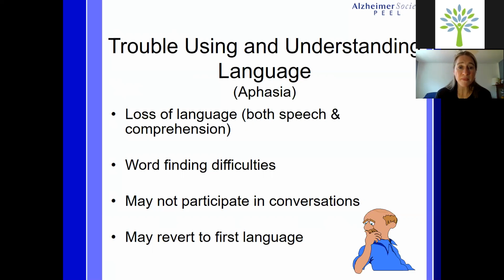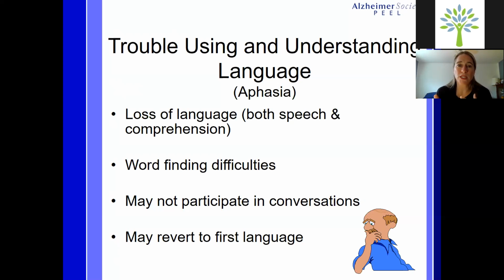And we often find that clients revert to their first language. Things happen slowly over time, but eventually, as the person progresses in their disease, the use of English starts with word finding difficulties, and then the person will often lose their grasp of English if that is their second language.